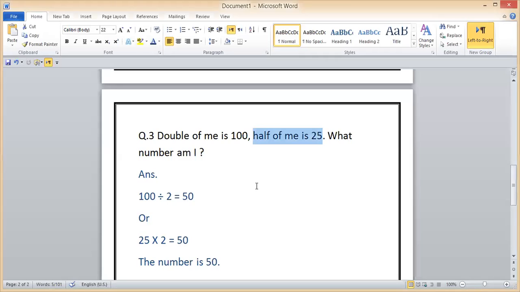So we will finish up to question number 3 today. Tomorrow, when we start our class, first I will ask you questions related to this. Then we will come to the exercise questions. We will practice for these questions first, and then we will come to the book questions and solve them.